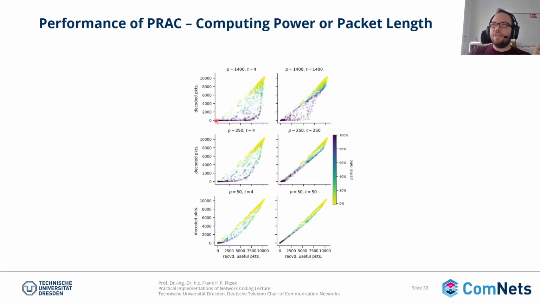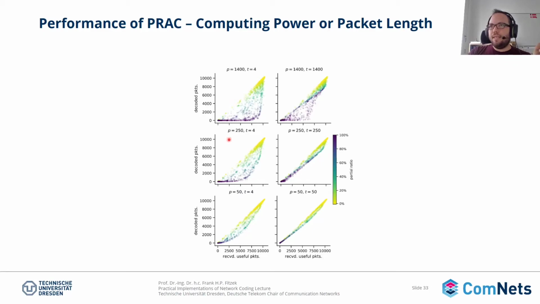There are not so many decoded packets on this line because PRAC fails a lot of the time due to computation power. It cannot decode more. If we increase the computational power of PRAC, we push more of these dots towards the G over G plus 1 line that I described.